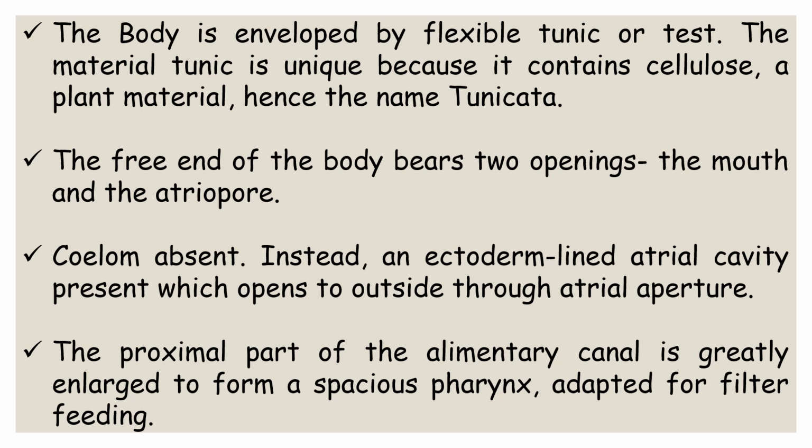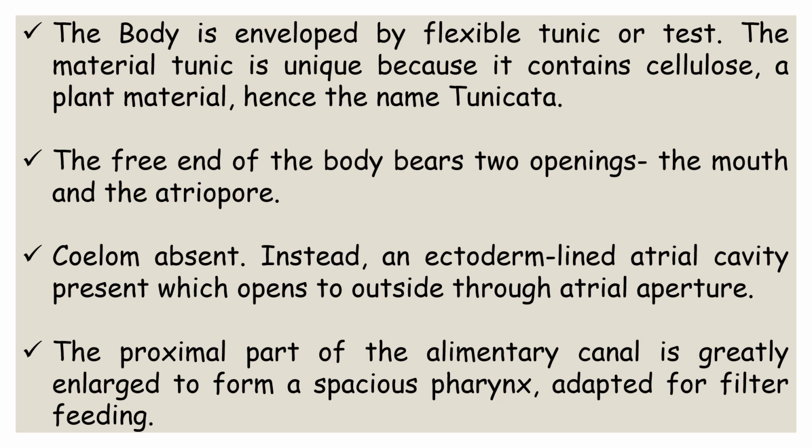The free end of the body bears two openings, the mouth and the atriopore. Coelom is completely absent. Instead of the coelom, an ectoderm-lined atrial cavity is present, which opens outside through an aperture known as the atrial aperture.